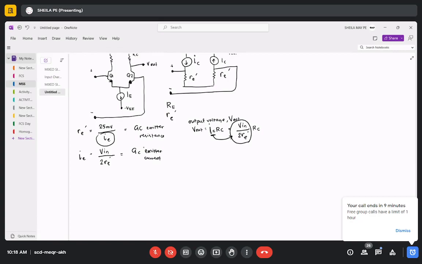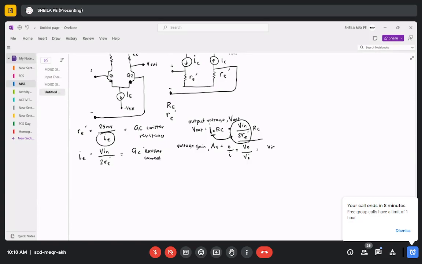So, next is our voltage gain, AV. In finding our voltage gain class, remember in finding a gain is output over input. Okay, so since this is a voltage, so voltage output divided by voltage input. Now remember, what's our voltage output? This one, right?